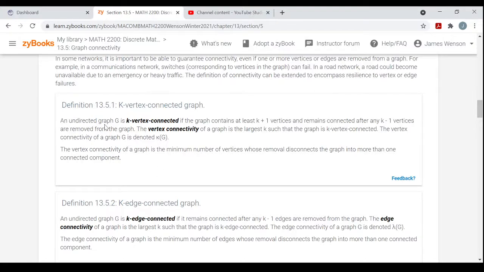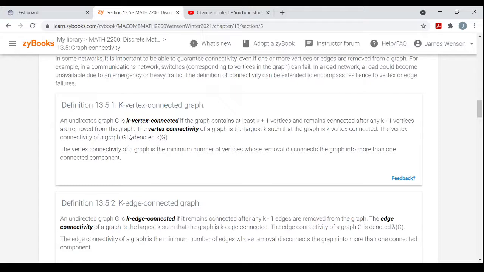So an undirected graph G is k vertex connected if the graph contains at least k plus 1 vertices. You can't talk about k vertex connected unless you have more than k vertices. If the graph contains at least k plus 1 vertices and remains connected after any k minus 1 vertices are removed from the graph.